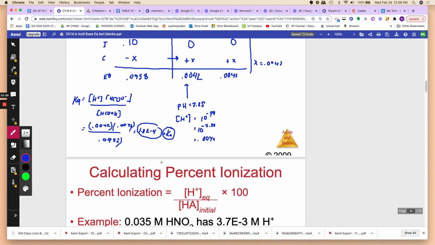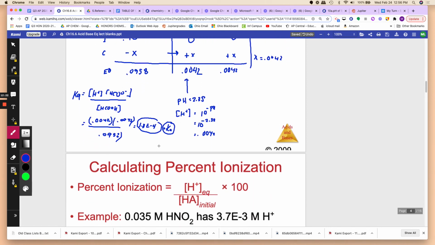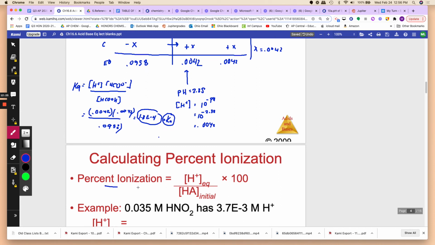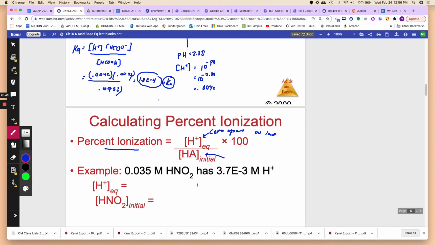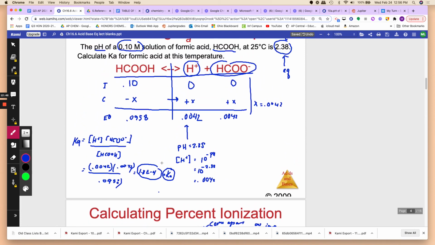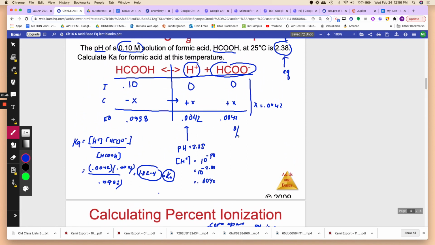You can also report the Ka in terms of how much ionized. They call that percent ionization. So what you would do is see how much came apart as ions and how much didn't come apart. The percent ionization would be 0.0042, how much came apart, divided by 0.1 times 100.